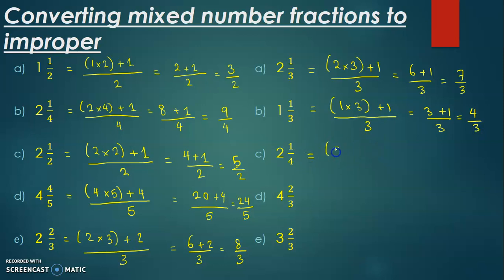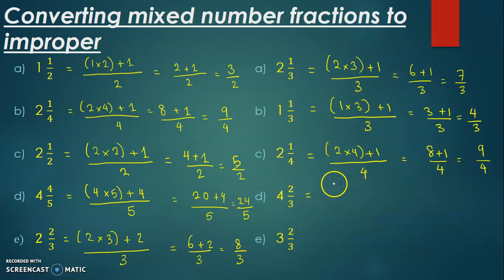Right? 2 times 4 plus 1 divided by 4, you get 8 plus 1 divided by 4 would give you 9/4, right? Sometimes I say over and sometimes I say divided by, right? It is just saying that this number is being divided by 4 or 9/4, which is exactly the same. I'm just trying to give you more ways to say these things properly.